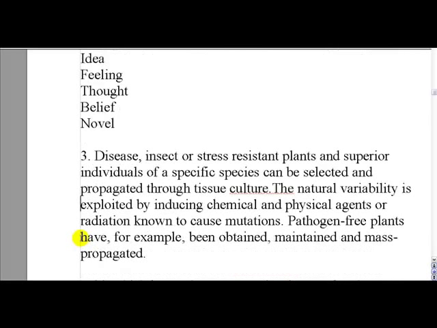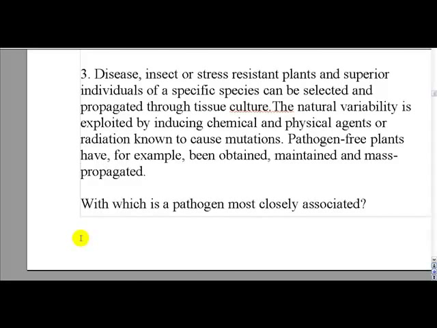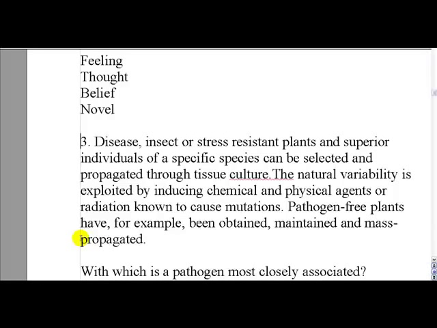Okay, 3. Our question here is, with which is a pathogen most likely associated? So we're kind of looking at what the word pathogen means. Disease, insect or stress-resistant plants, and superior individuals of a specific species can be selected and propagated through tissue culture. The natural variability is exploited by inducing chemical and physical agents or radiation known to cause mutations.